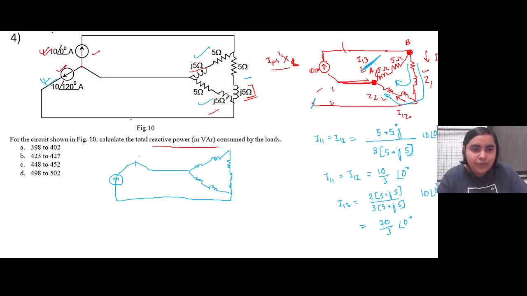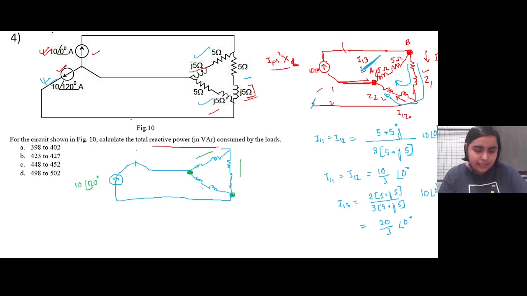Now the other source is open circuited, so it is like this branch is connected across the current source, and these two resistance and reactance are in series with each other, which is in parallel with this particular branch, and here the current is 10 angle 120 degrees.